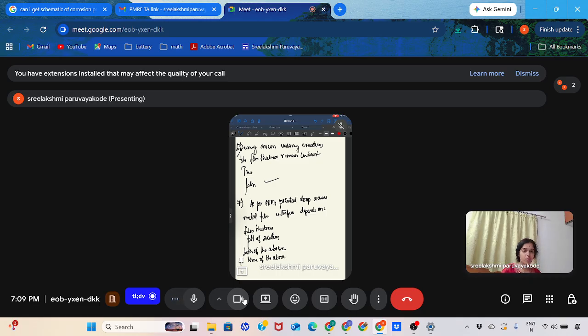So if you have a potential drop, obviously when the film thickness changes, the potential drop is going to change. Again, it depends upon the pH of the solution, which will determine the film formation, which will again affect the potential drop. So it is both of the above.